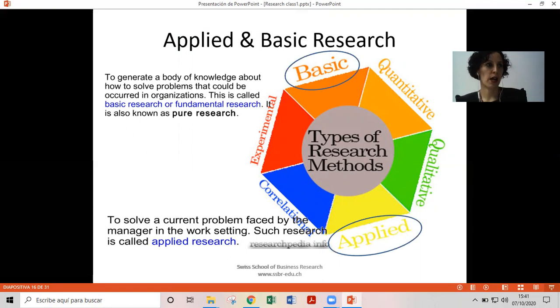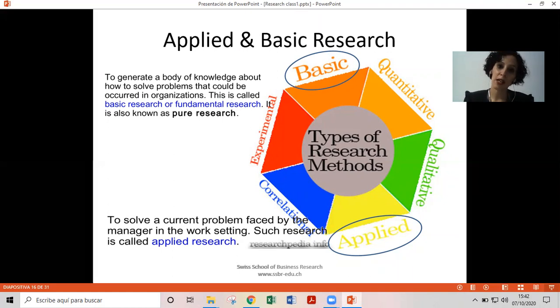This is like me doing a doctorate on the different types of business processes that can take place in a Spanish business in the 21st century. This is not for something that I need to address. It's not addressing a problem that I have in my business at the moment. It's because I want to become more knowledgeable, create more knowledge, create a body of knowledge about that specific subject. And later on, it perhaps could be used in organizations.